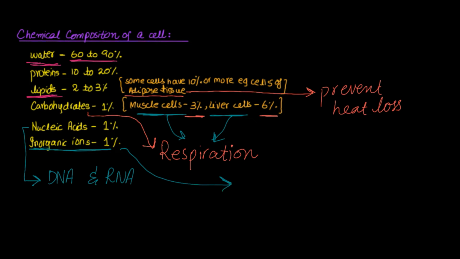For example, inorganic ions can be calcium ion, potassium ion, sulfate ion, and many ions. So this is the chemical composition of a cell.